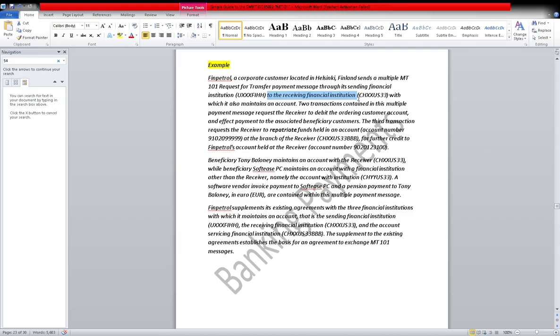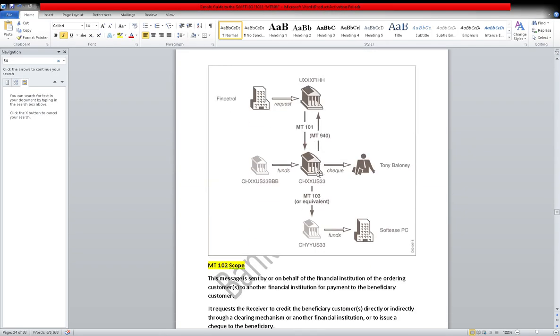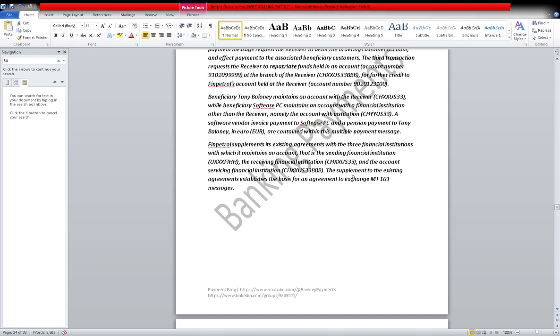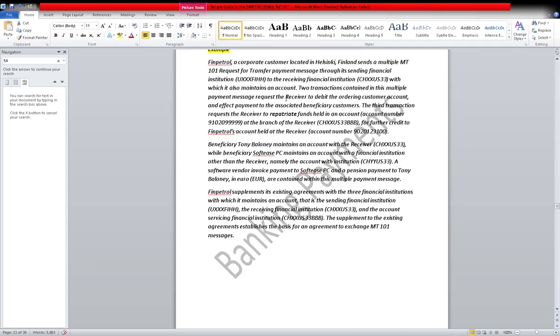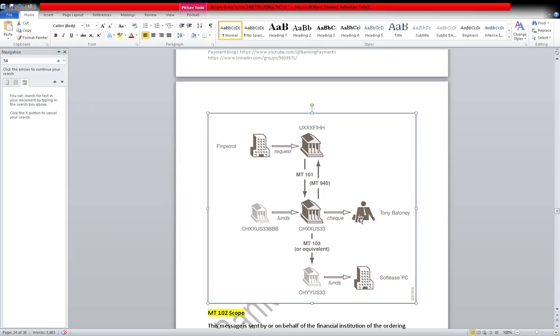To the receiving financial institution, CHX, in Switzerland. This is the receiving bank, CHXUS33, with which the customer also maintains an account.